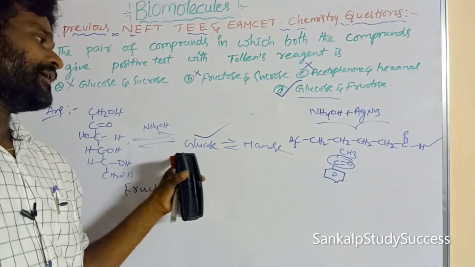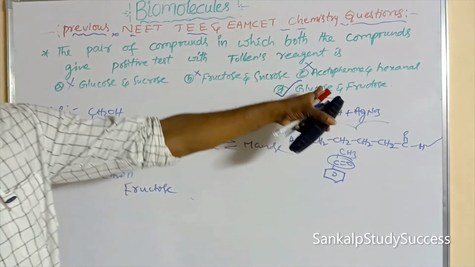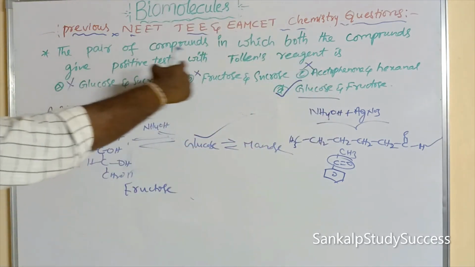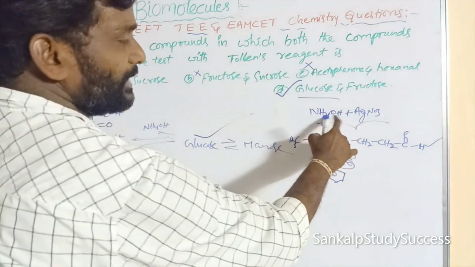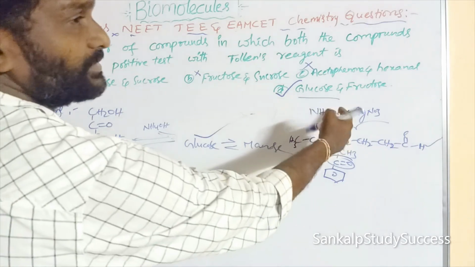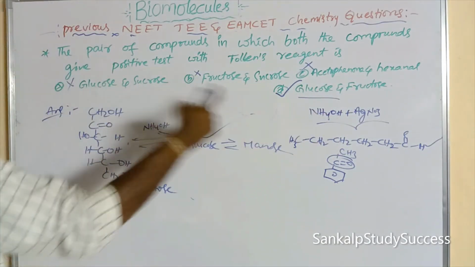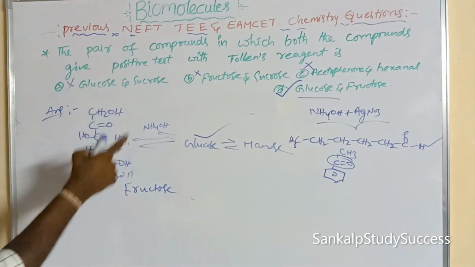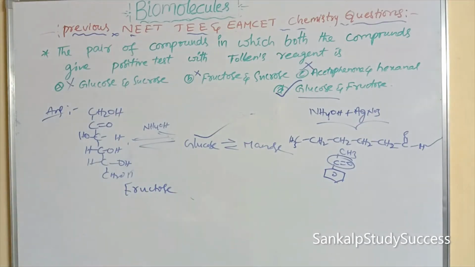In the aqueous solution, the glucose gives a positive Tollens test. The Tollens reagent contains the base NH4OH, and in the presence of that base, fructose gives glucose, right? So this is the answer.